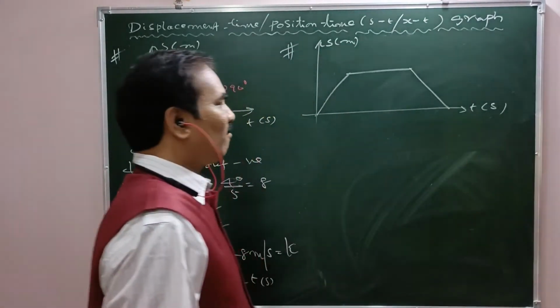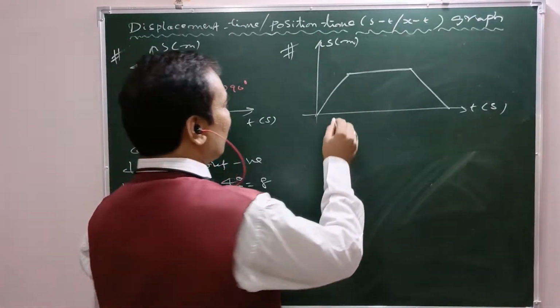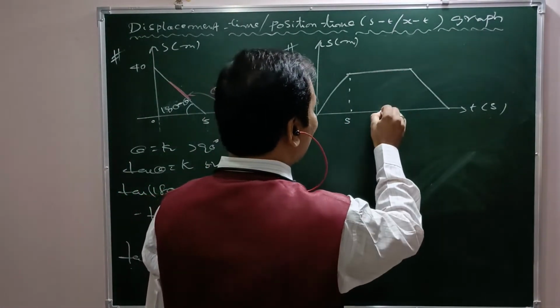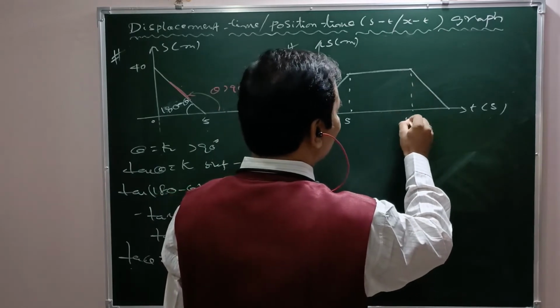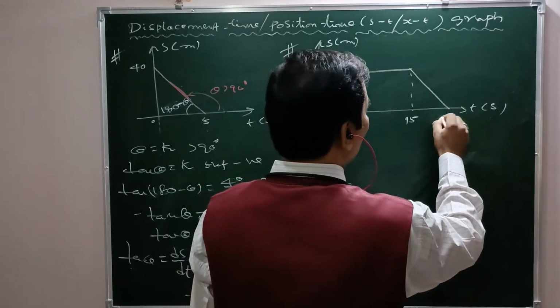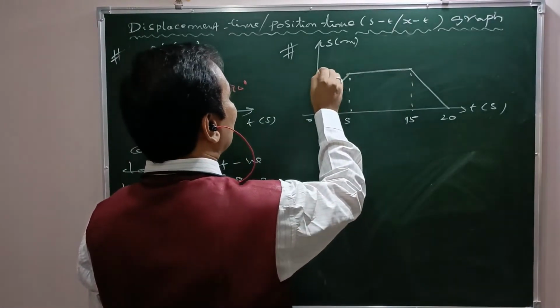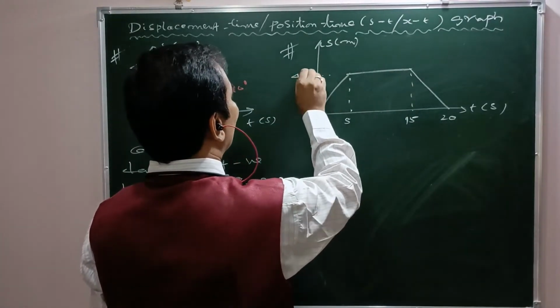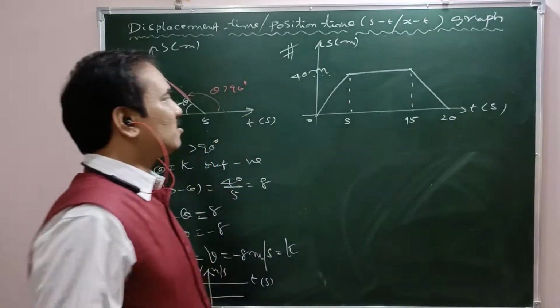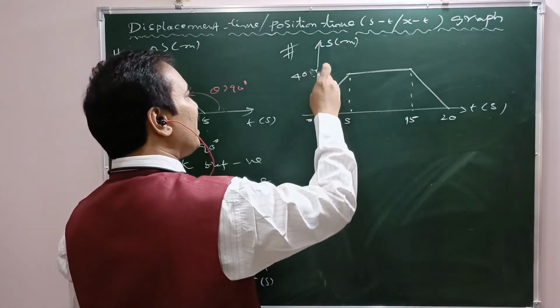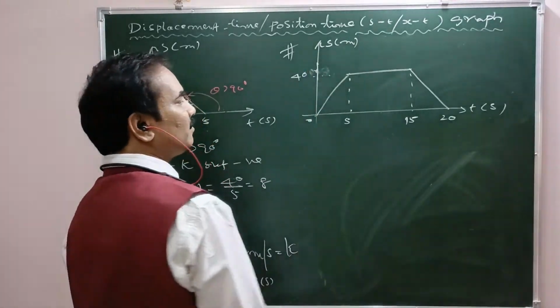Here time is 0 seconds, here 5 seconds, here 10, here 15 seconds, here 20 seconds. Right. What is the maximum displacement here? That is 40 meters. Maximum displacement 40 meters.